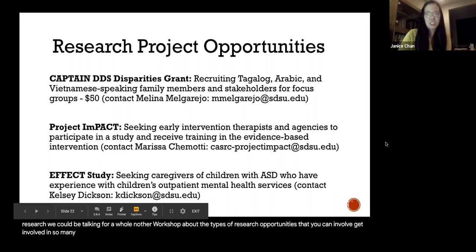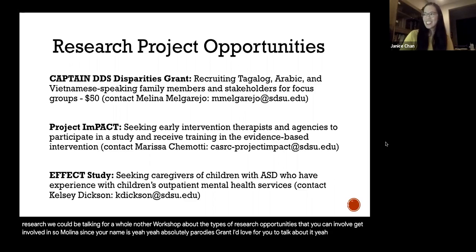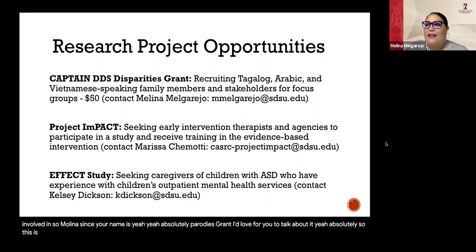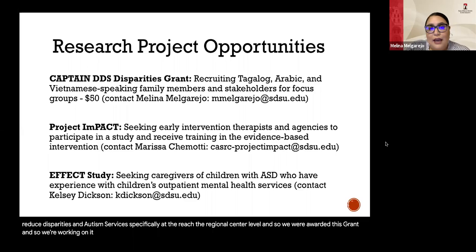So Melina, since your name is the contact on this Captain Disparities grant, I'd love for you to talk about it. Yeah, absolutely. This is a grant that is funded by the Department of Developmental Services here in California. The goal of the grant is to reduce disparities in autism services, specifically at the regional center level. We were awarded this grant, and we're working on it right now.